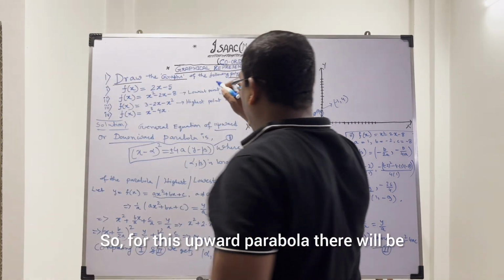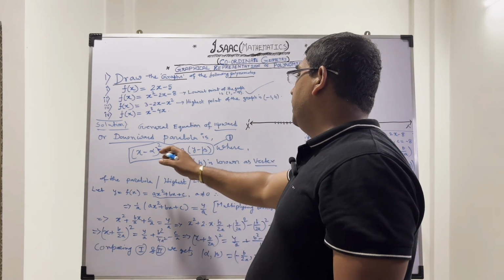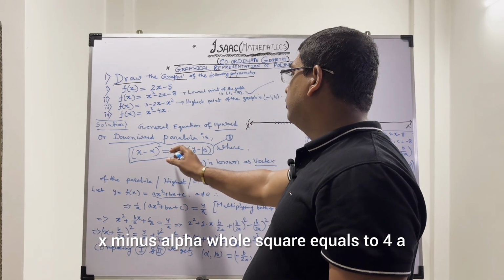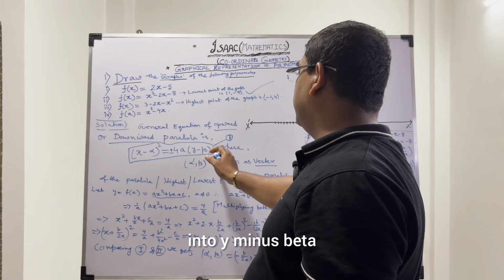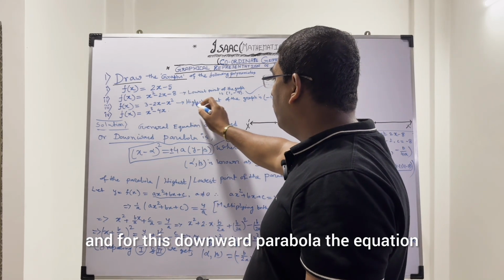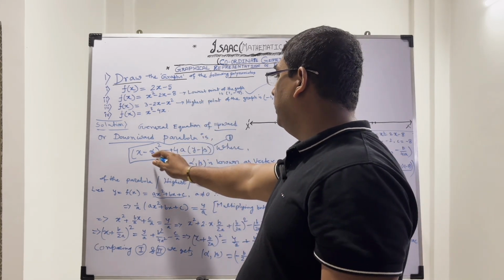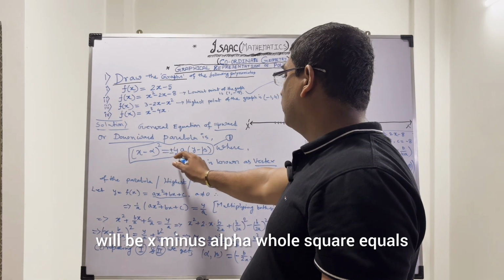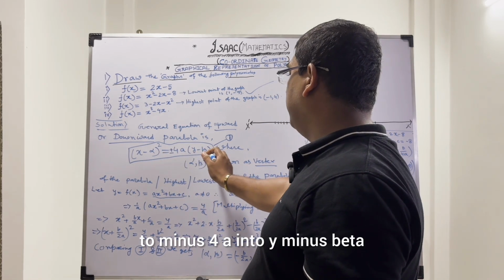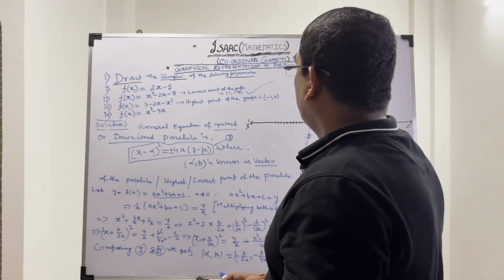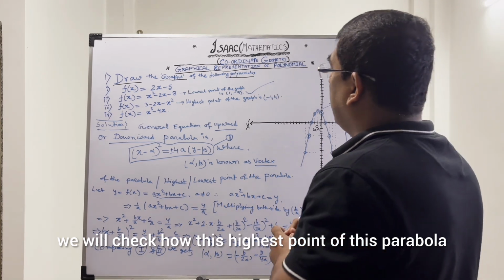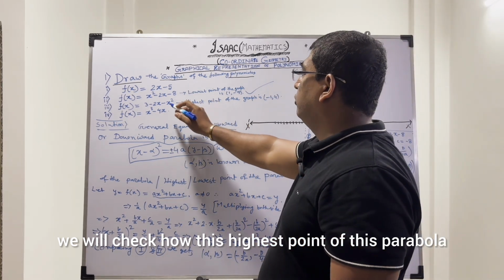For the upward parabola there will be x minus alpha whole square equals 4a into y minus beta, and for the downward parabola the equation will be x minus alpha whole square equals minus 4a into y minus beta.